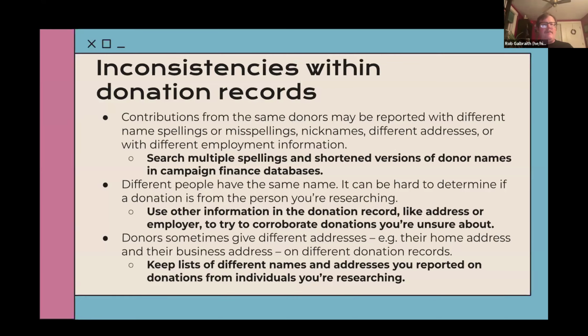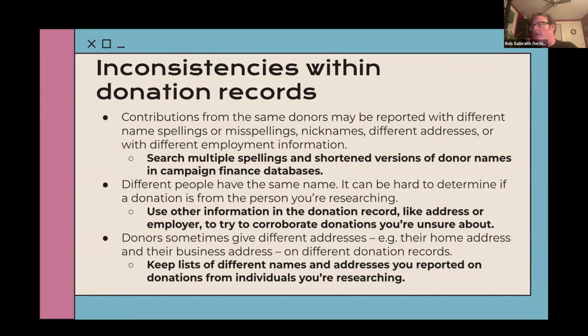So you're going to want to make a point to search multiple spellings of people's names and use shortened versions of their names. Where this can get really tricky is if there's a typo or a transcription error in putting in someone's name. Maybe they spelled it Jeff Rye or something like that. So you're going to want to search a bunch of different variations of names.